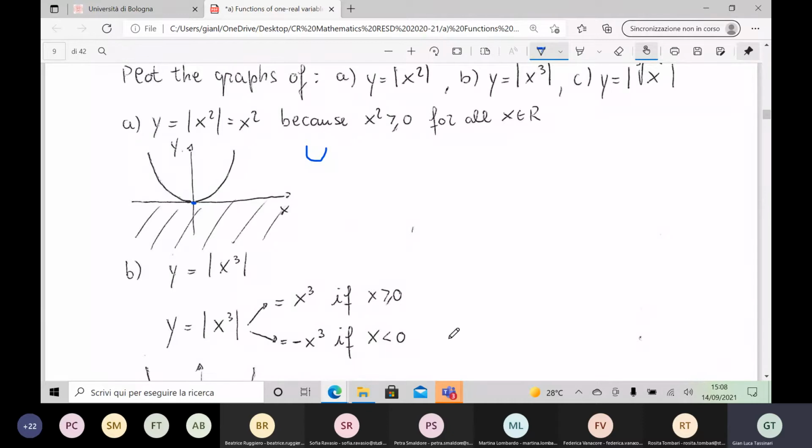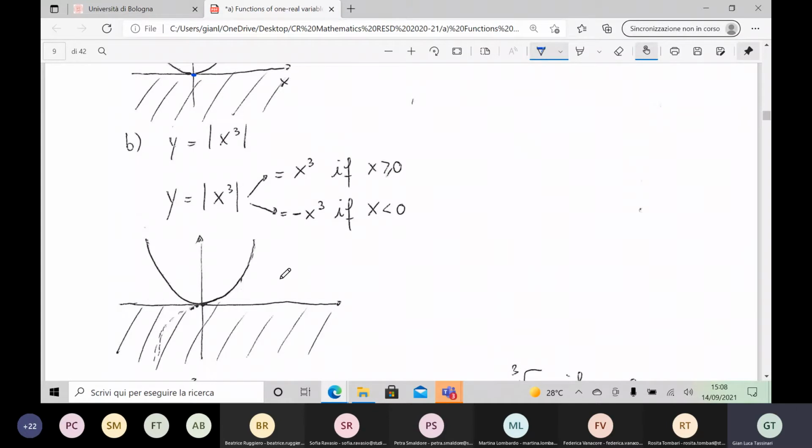So now we have all the elements to plot the graph of the absolute value. I will not explain it again, but we plotted already the case y equal to x to the power 3. This was the graph of a power function of order 3, and the graph was this one.